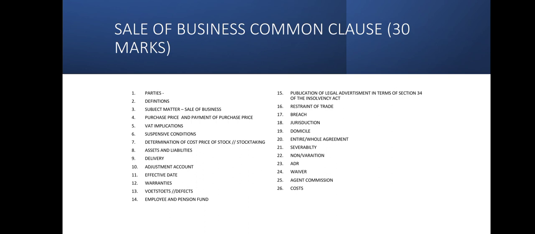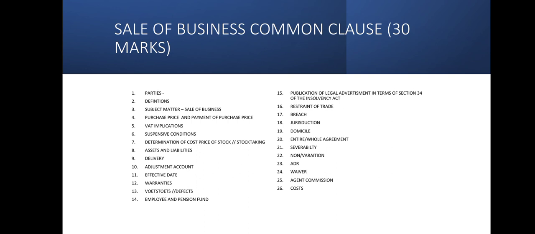And then VAT implications with regards to a sale of business agreement, because often in a board exam context it's one business buying another business, and so often, if it's a sale of a business as a going concern, those businesses are both VAT vendors. You will consider the fact that these are VAT vendors, and that they warrant that they're both VAT vendors, and you can place that in the agreement as a warranty.